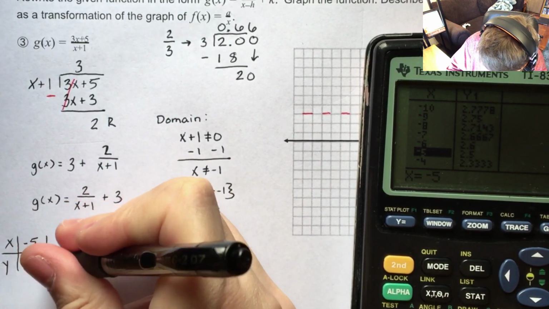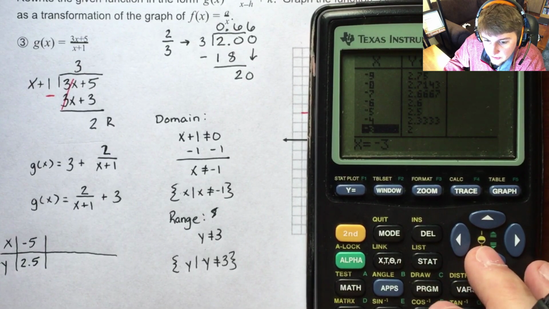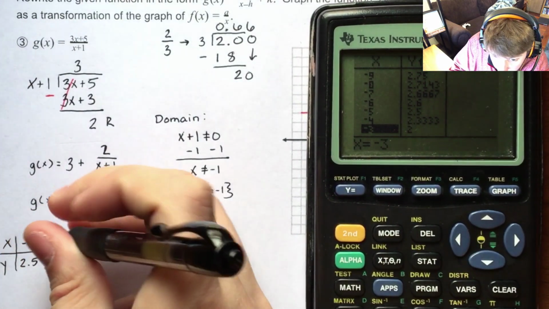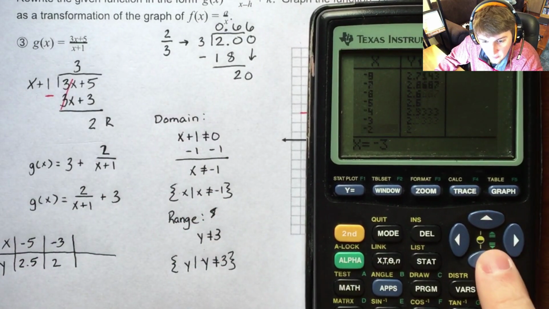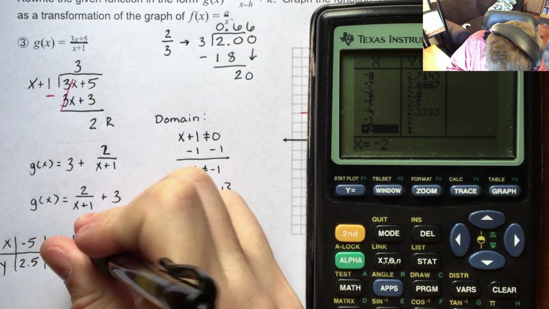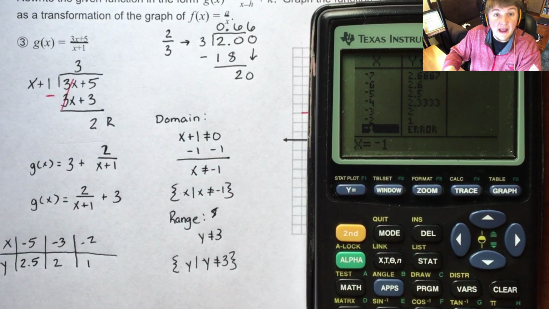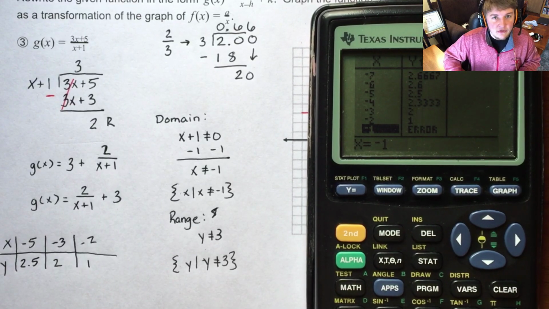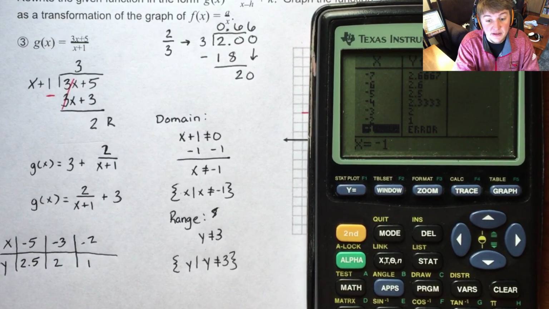All right. And then I'm not going to use that one. This one I will use, -3, 2. Then -2, 1. Okay, -1, and then an error is actually great news for us, because where did we say the gap in our graph was going to be based on the domain?